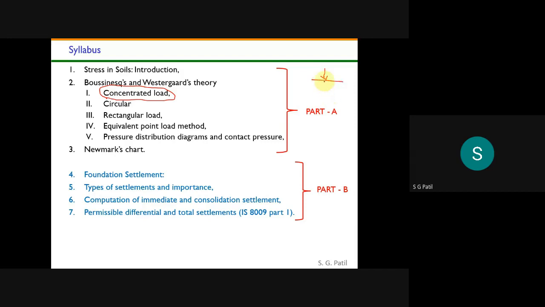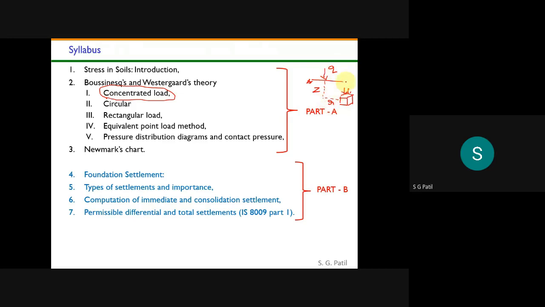That point may be exactly below the applied load, or at a certain distance. So if you want to calculate the stress increase in this soil mass due to this applied Q load, this is Z, the depth below the ground level, and this is R, the radial distance from the applied load.